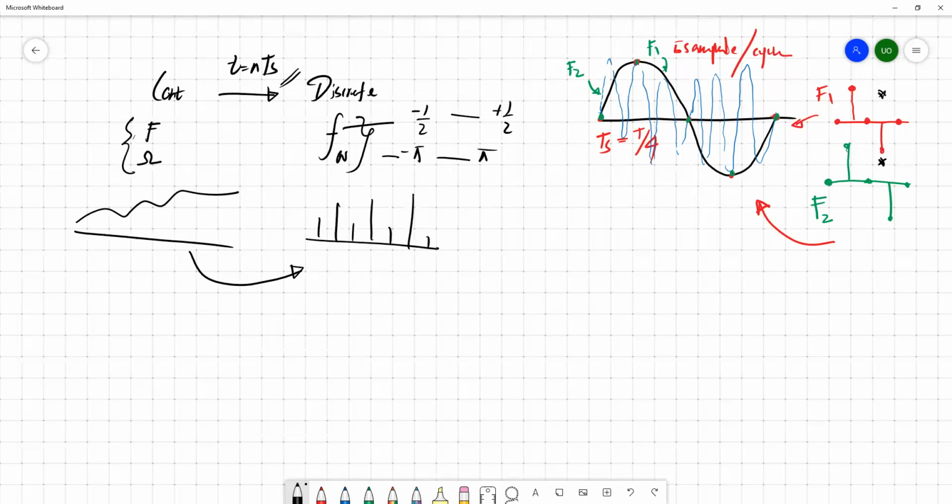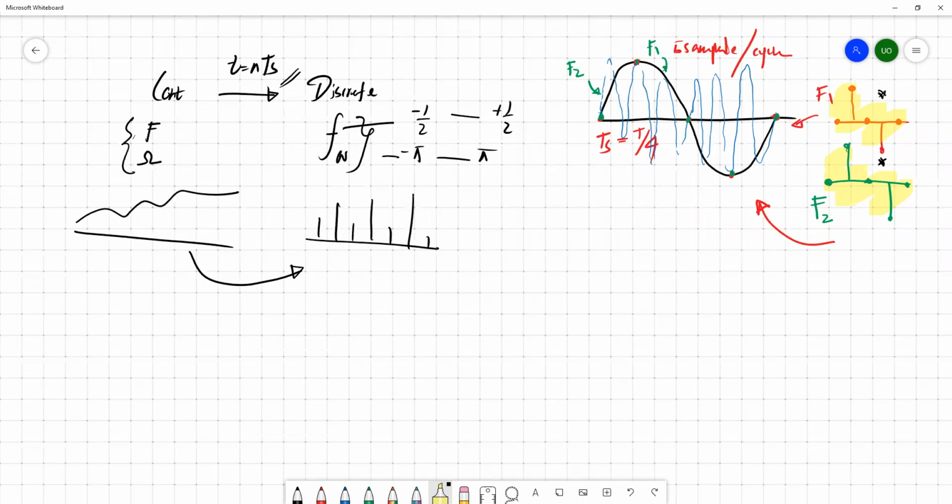So these two signals are exactly the same, this one and this one, but they have two different sampling frequencies. If you generate these two signals, you cannot easily recognize whether it comes from the black line or the blue line. So that's the issue.